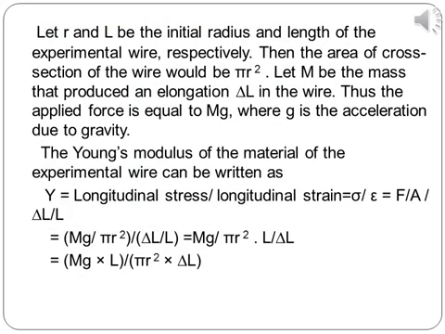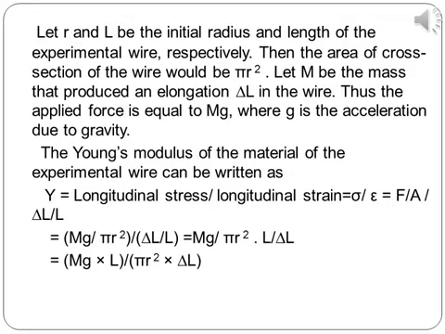Let R and L be the initial radius and length of the experimental wire respectively. Then the area of cross-section of the wire would be pi r square. Let M be the mass that produced an elongation delta L in the experimental wire.